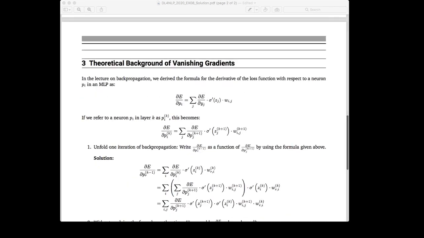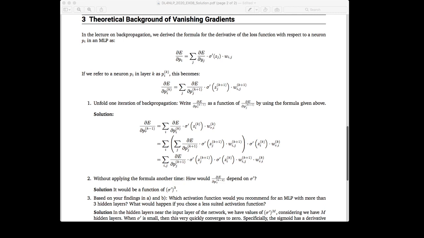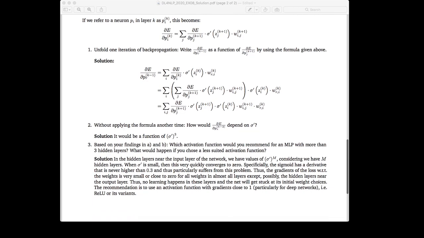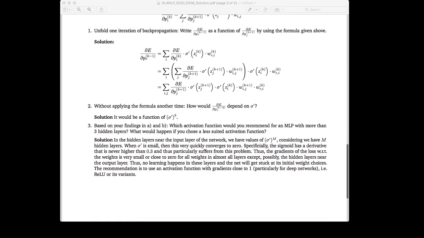Okay, let's have a look at exercise 3, the theoretical background of vanishing gradient. The solutions to question 1 and question 2, I think, are clear. And let's look at question 3 based on your findings in question 1 and question 2. Which activation function would you recommend for an MLP with more than 3 hidden layers?